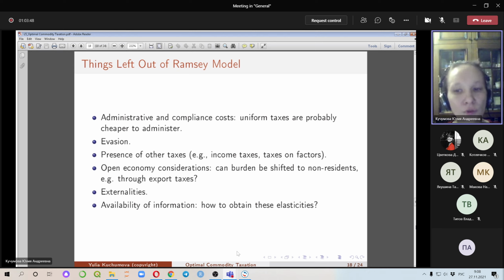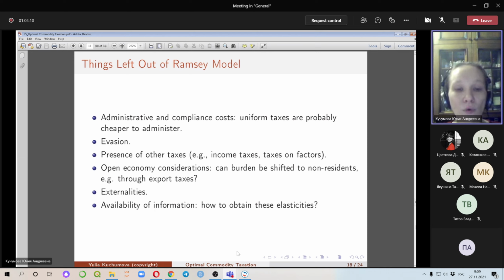Can the burden be shifted to non-residents through export taxes? Also, it doesn't account for externalities. Right? So some goods can produce externalities, and we probably want to reduce those externalities by using consumption taxes. We don't account for that.